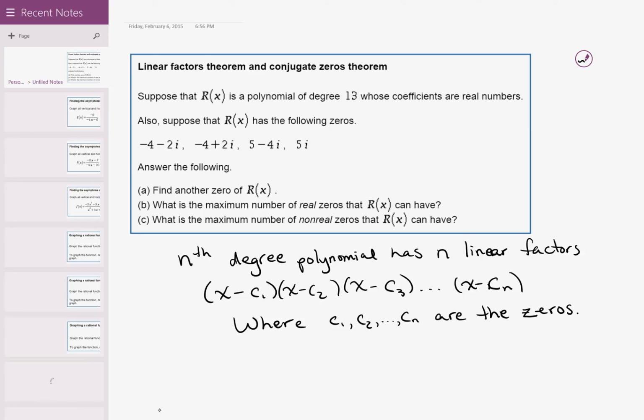And these constants can be rational, irrational, or complex.